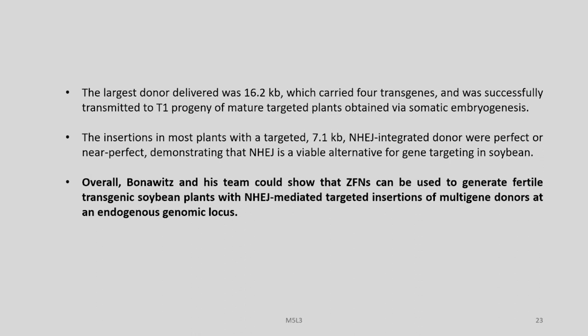In conclusion, Bonawitz and his team could show that ZFNs can be used to generate fertile transgenic soybean plants with NHEJ mediated targeted insertions of multiple donors at an endogenous genomic loci.